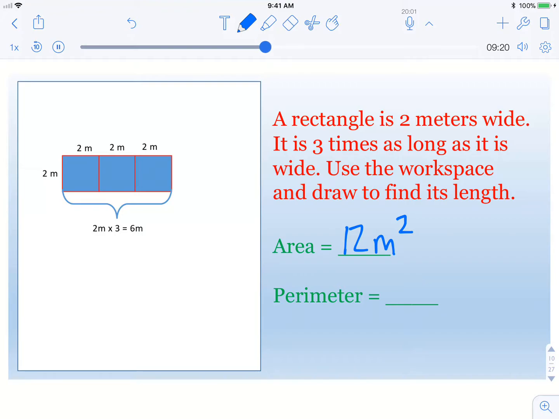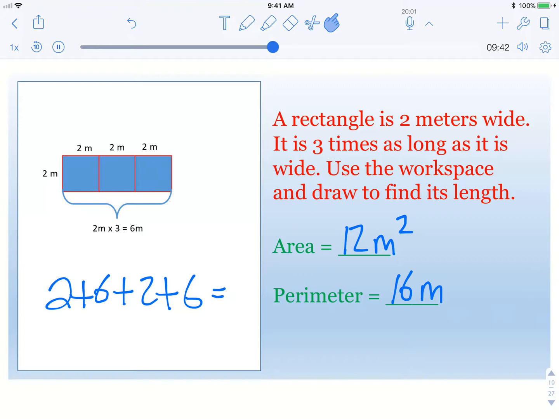Let's solve this using our third possible formula for perimeter. We could say 2 plus 6 plus 2 plus 6 equals 8 plus 8 equals 16 meters.